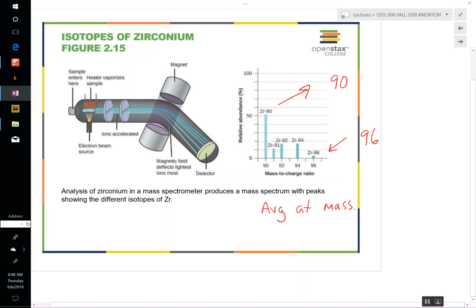If we put this all together, how do we average all those numbers and come up with a number? Well, the number we're going to come up with is what we have on the periodic table, our average atomic masses. The average atomic mass for oxygen.